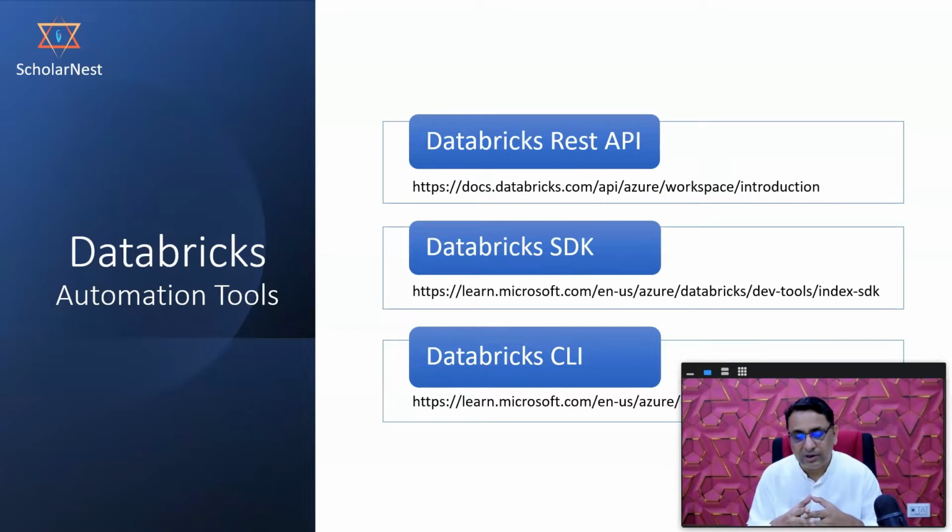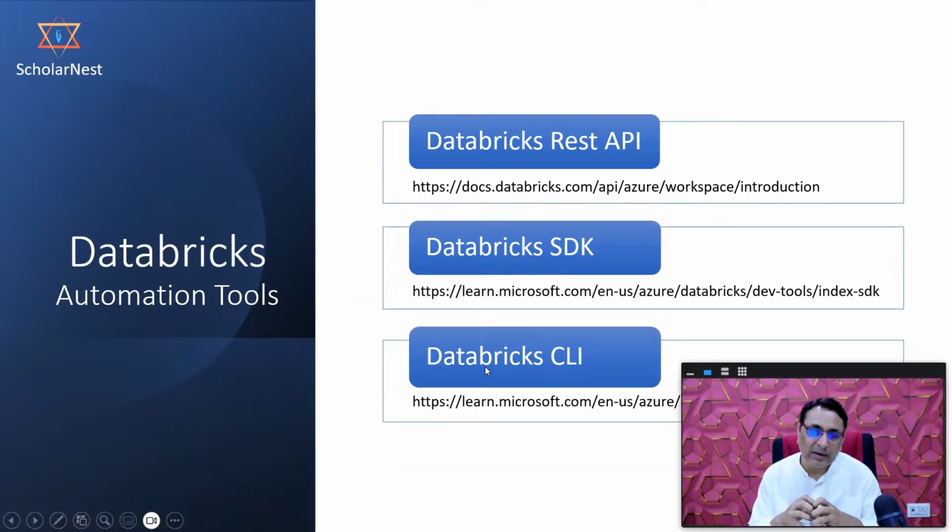If we want to use Databricks CLI, then most likely we will be writing shell scripts to call different CLI commands to do whatever we want to do. And if you want to use REST API, then most likely you will be writing Python code for the automation. So I'll give you a quick demo of all these three approaches. Small examples, I'll show how to use REST API, Databricks SDK, and Databricks CLI.